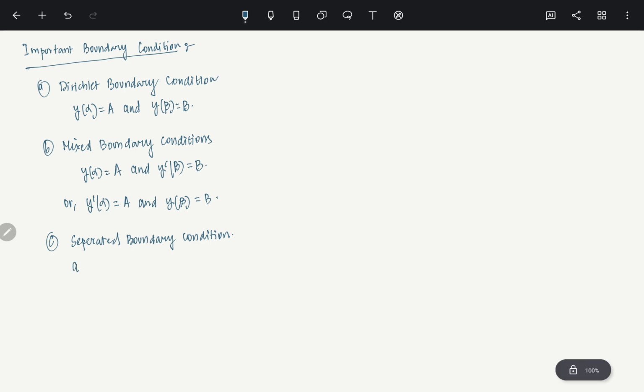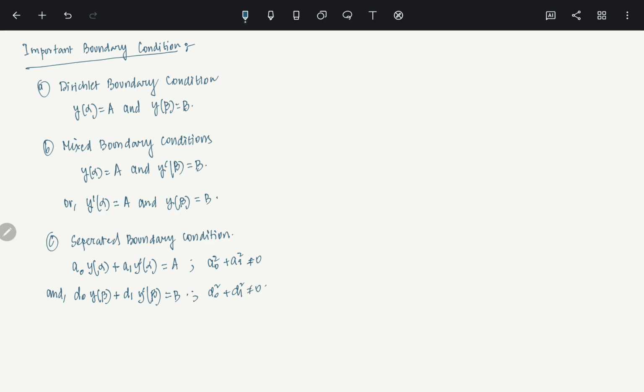So you have the data at alpha and the data at beta, like this: a naught of y at the point alpha plus a1 of y prime at the point alpha is A, and d naught of y at the point beta plus d1 of y prime at the point beta is B. Now here the data is given such that a naught squared plus a1 squared is non-zero, and again d naught squared plus d1 squared is non-zero.